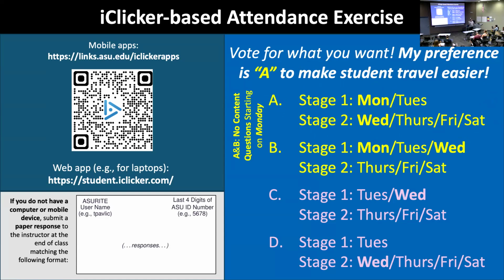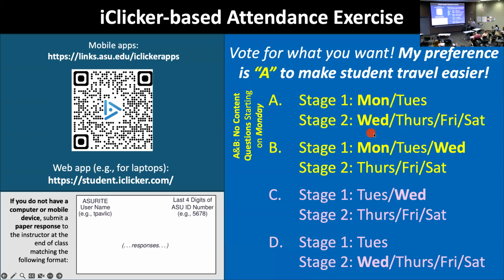It's not that big of a deal, but that's the reason why I might argue for A. It gives you plenty of time to do stage one, a lot of time to do stage two, and then it also allows you to get stage two out of the way so that you can start fall break a little sooner. So that's why I would argue for A.